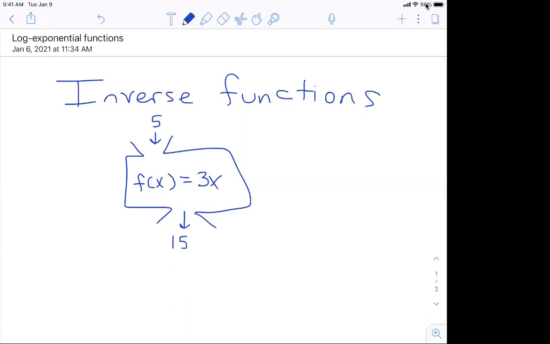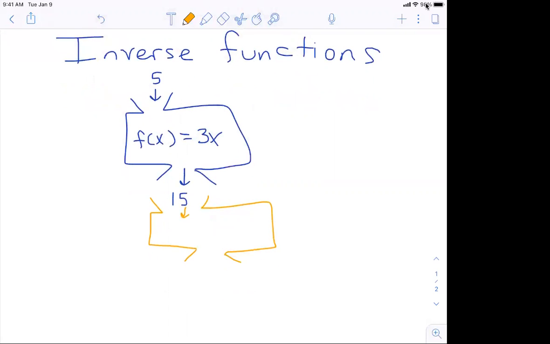An inverse function is then another function that is going to undo the first function. So for example, we take that 5, we plug it in, drop it into the first function, it spits out 15. But now 15 is going to drop into another function, which I'm going to denote with this little -1.